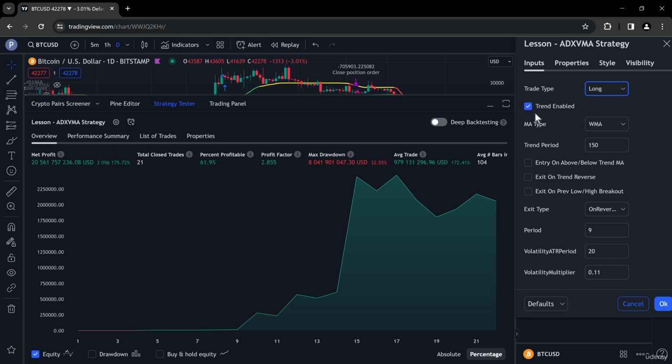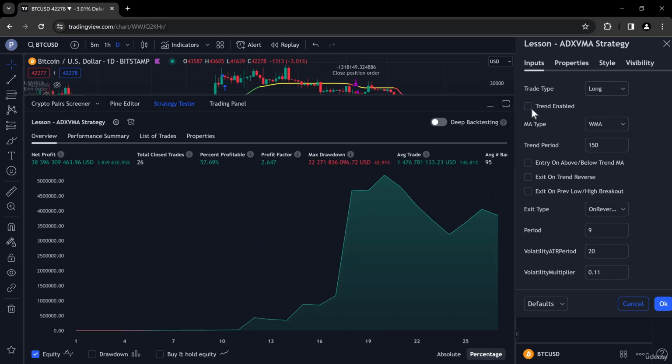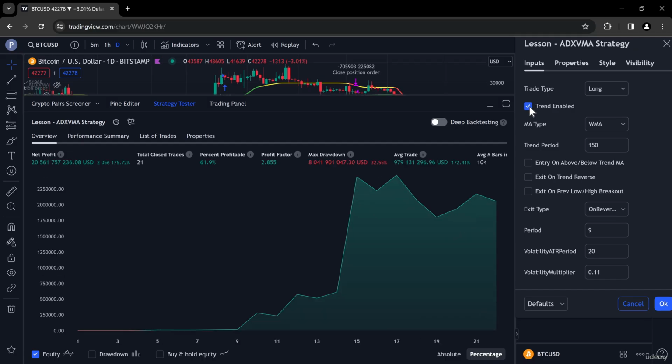The next parameter is trend enabled. When this parameter is checked, the trading logic is going to consider the trend moving average for this strategy. We can disable it if we don't need that trend moving average to be evaluated for this trading logic, or we can keep it enabled.